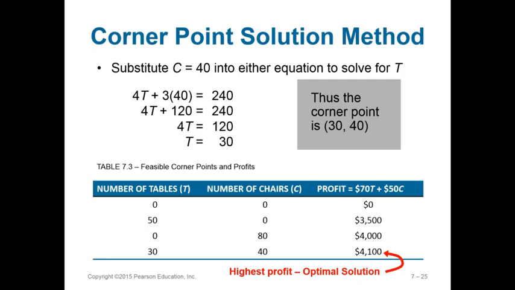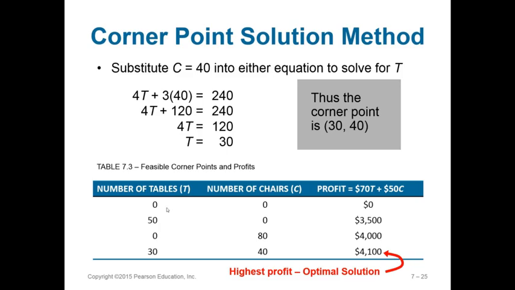Okay. Now, if you created another table out there where you actually looked at, once you've got those corner points, you've got 0, 0, 50, 0, 0, 80, and 30, 40. If you used those and you put it into the profit equation, remember you get $70 for each table and $50 for each chair.